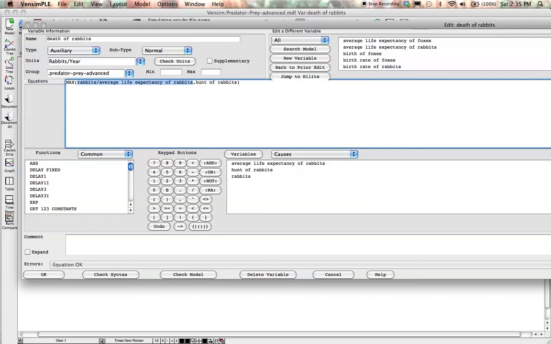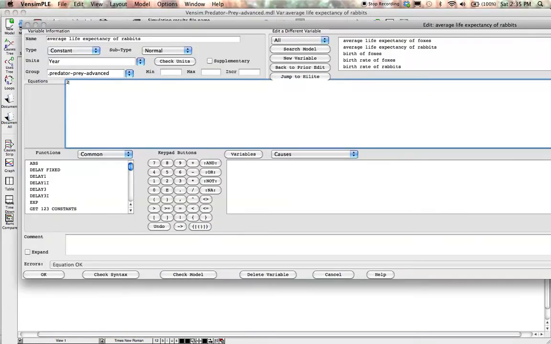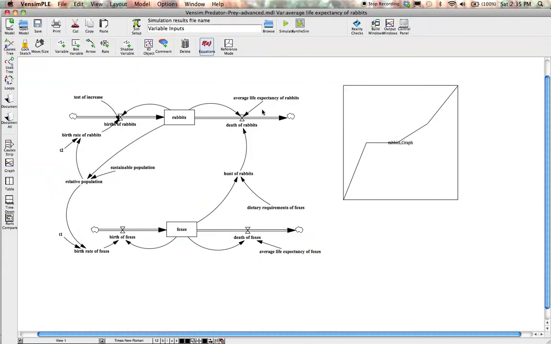That gives you the natural death, and the maximum of those two dictates the actual death of rabbits. In this model, the average life expectancy of a rabbit is 2 years. So either a rabbit dies after about 2 years, or is eaten before by the foxes, and that's a little bit of the dynamic of the decrease of the rabbit population.